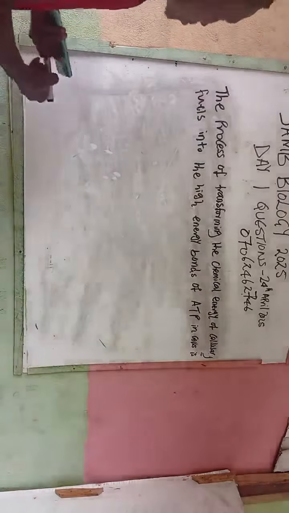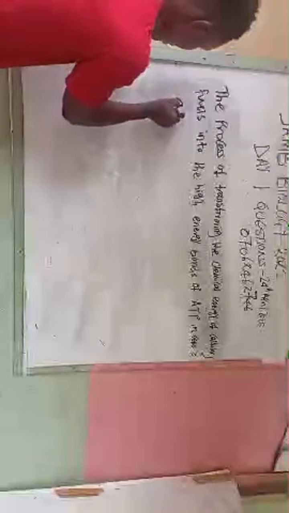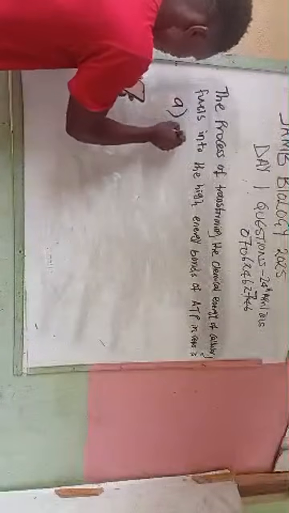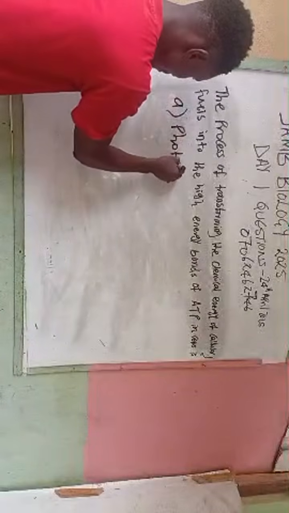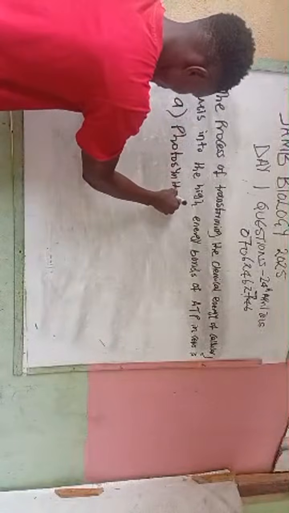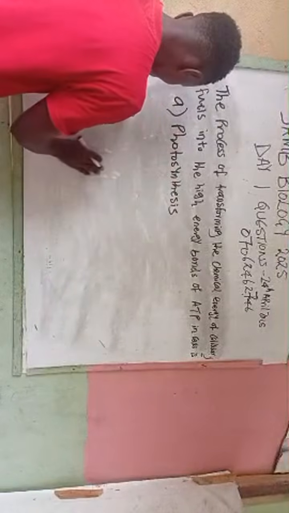So let's continue. The process of transforming the chemical cellular fuels into the high energy bonds of ATP in cells is, I've seen someone say cellular respiration. I'm going to get back to that. So we say we have A, photosynthesis.